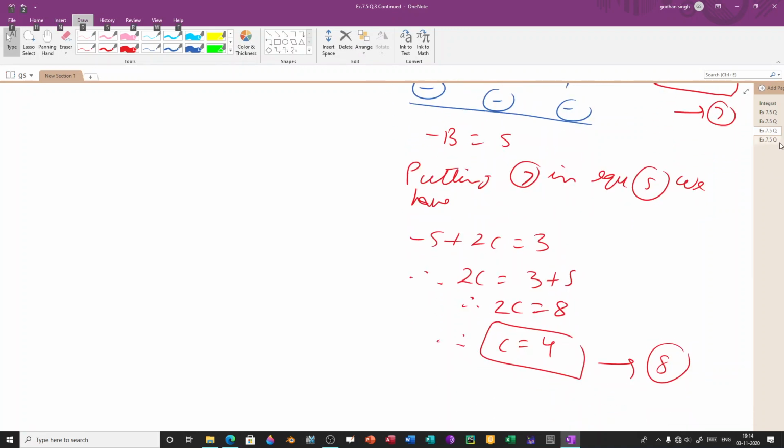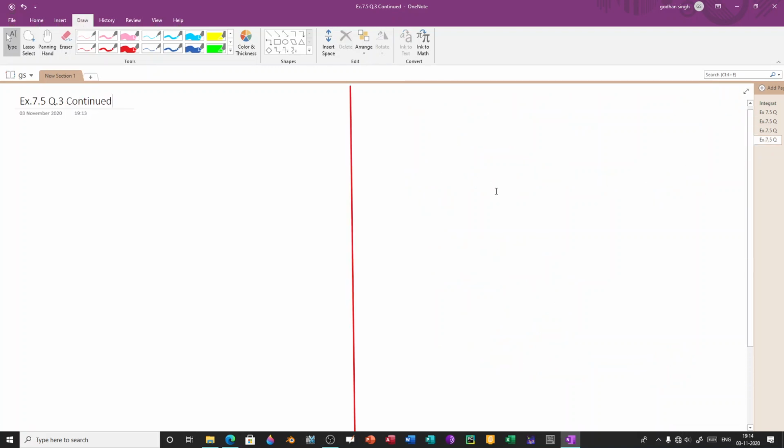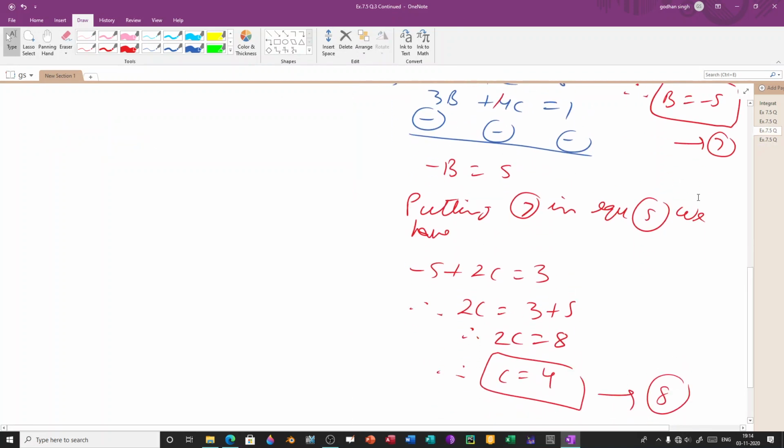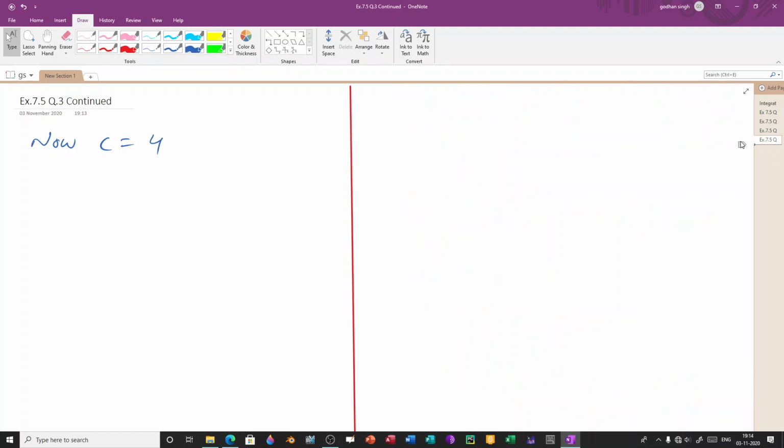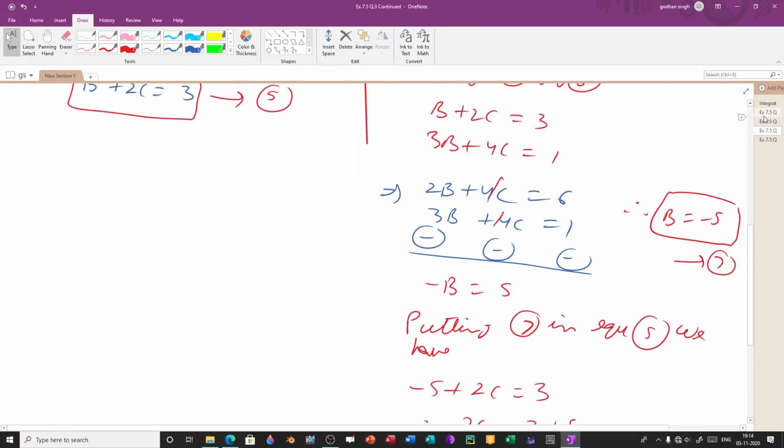Now again we will go to a new page because the calculation is somewhat longer. So we have got c equal to 4 and b equal to minus 5, and we want to obtain the value of a. Let us go back to our equation.